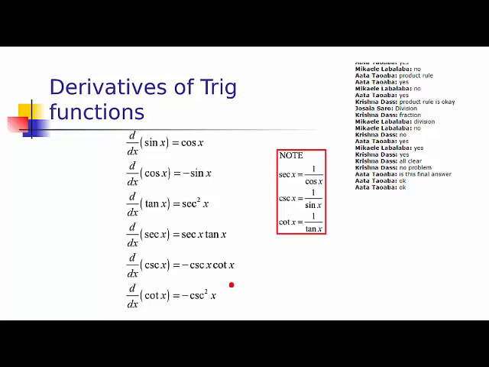This you need to remember. And then this is something very important to go over. Secant x is equal to 1 over cos x. Cosecant x is 1 over sin x and cot x is 1 over tan x. I assume we all know about this, right?